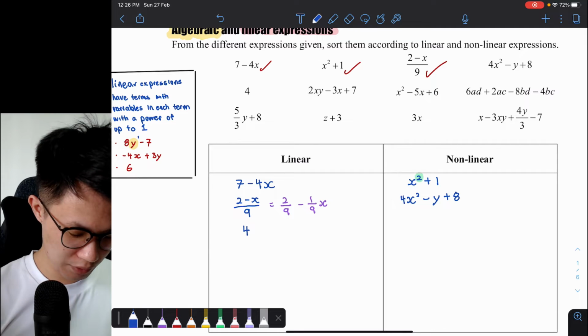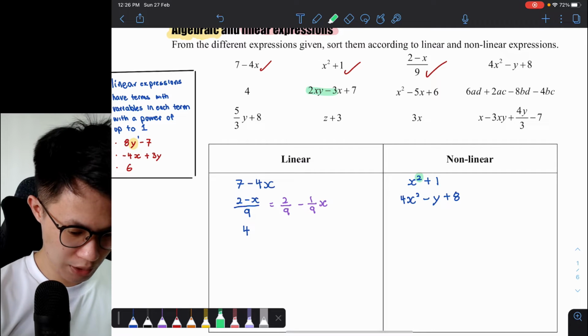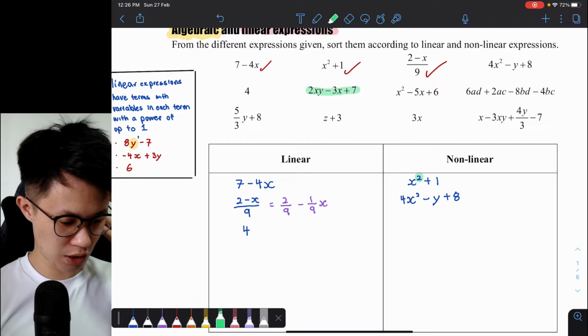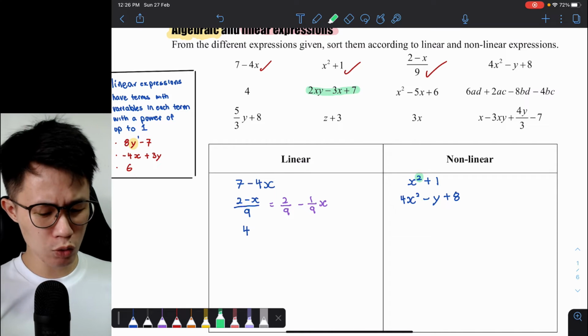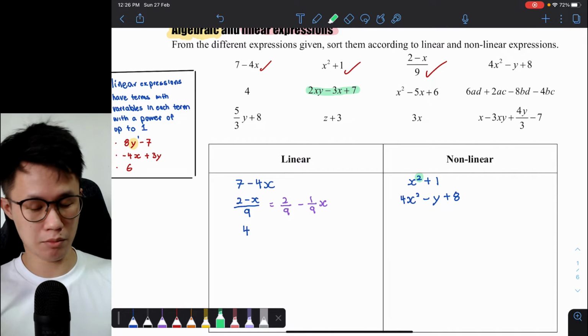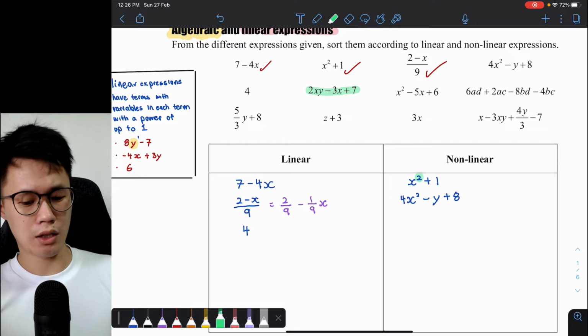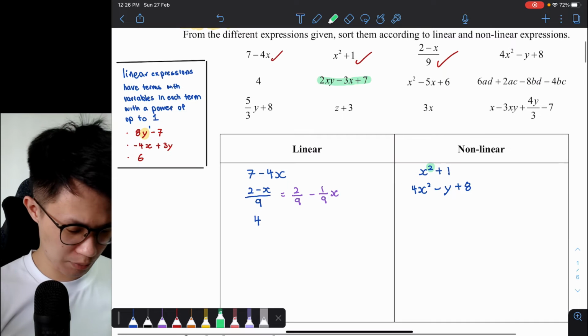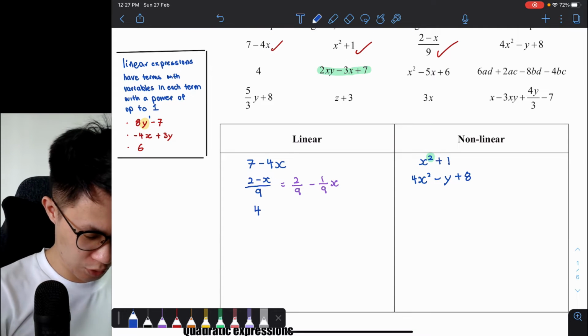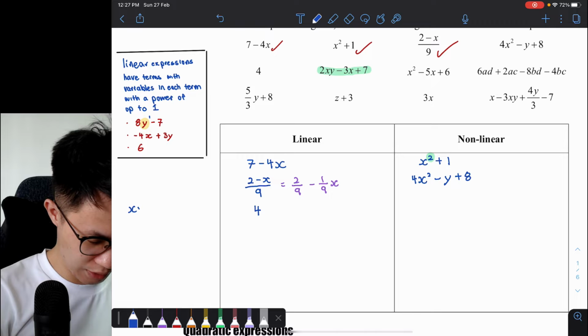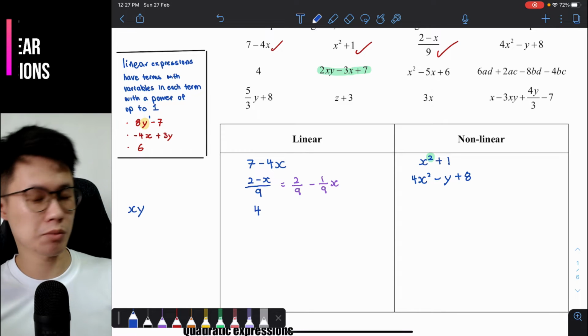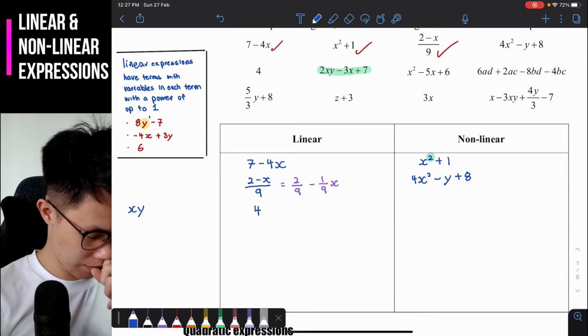Now we have this unique one here, 2xy minus 3x plus 7. We have the 3x term, which should make it linear, and we have the 7 term, but we also have the term 2xy. This term has the variable xy.